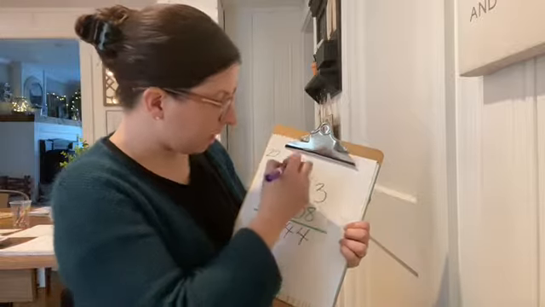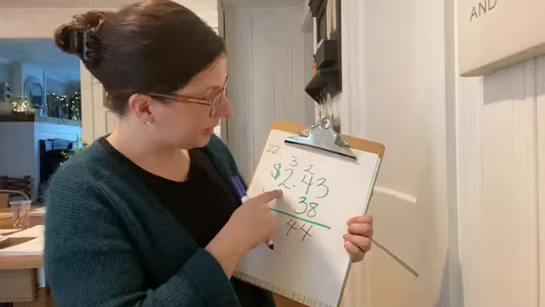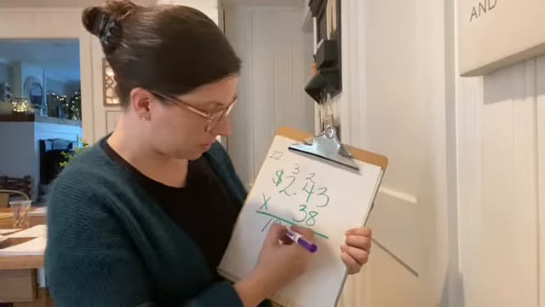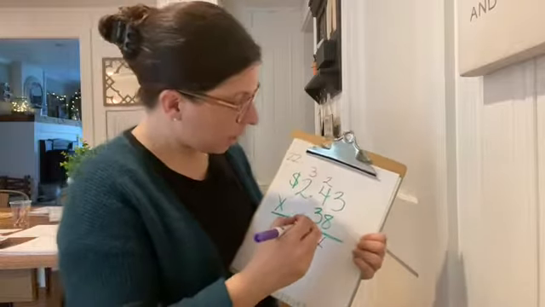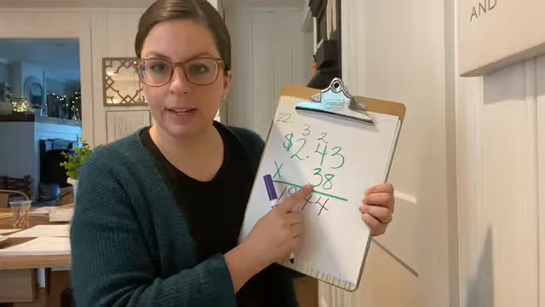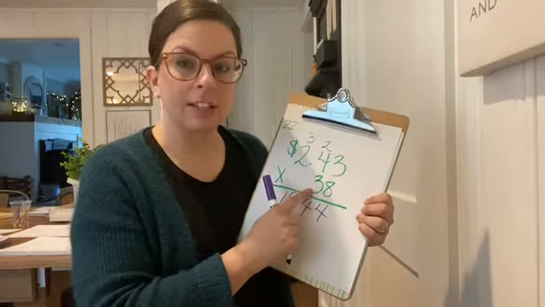So 34. Carry the 3. 8 times 2 is 16. Add the 3. 19.